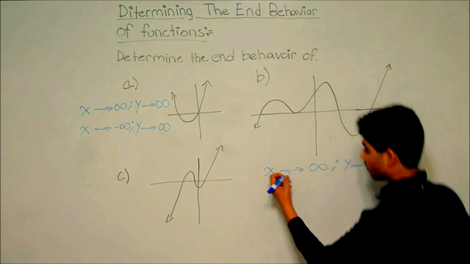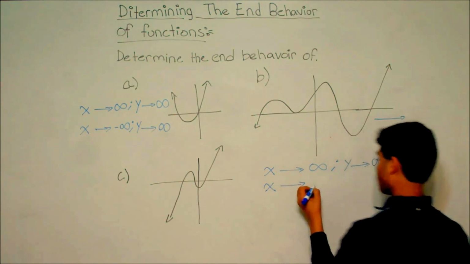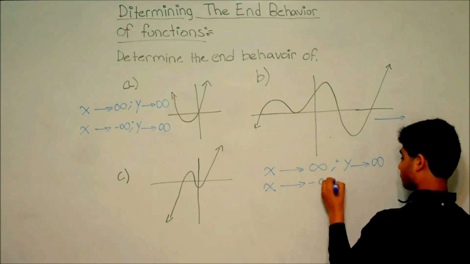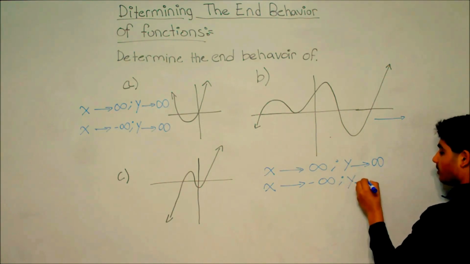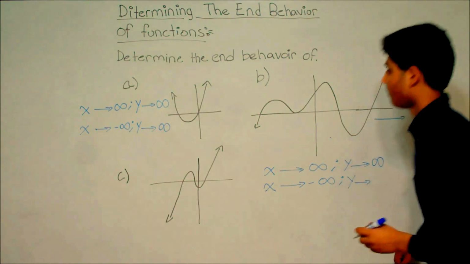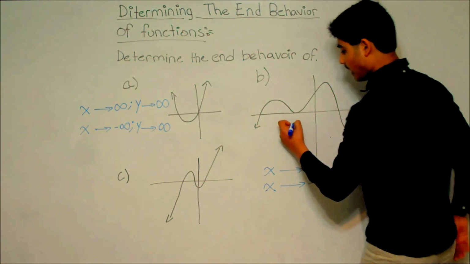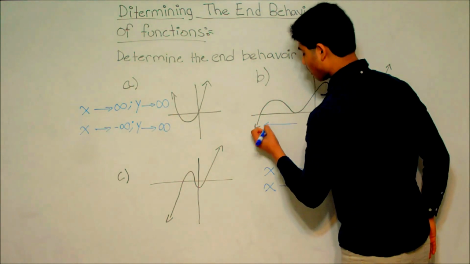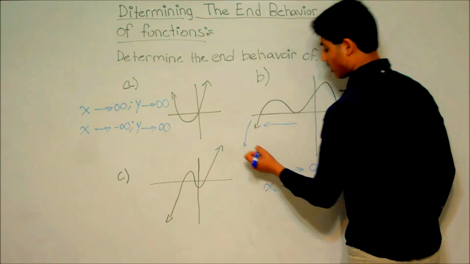As x goes closer to negative infinity, y goes closer to, so here, even though we had this little bump here, as x goes closer to negative infinity, we can see that y eventually starts to go down.